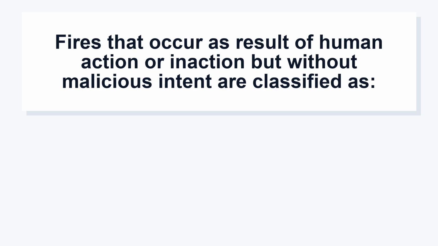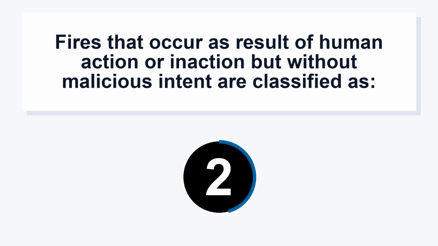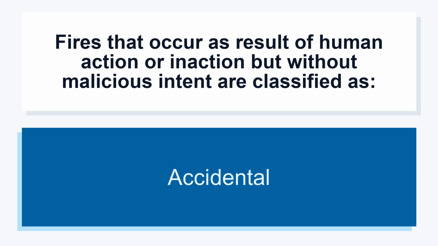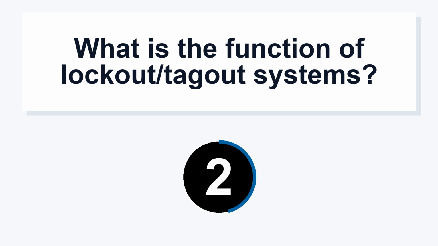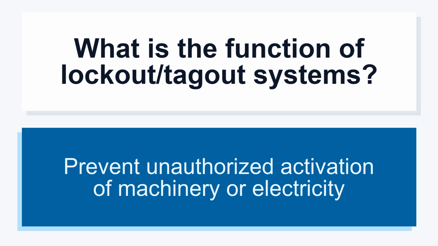Fires that occur as a result of human action or inaction but without malicious intent are classified as accidental. What is the function of lockout/tagout systems? Prevent unauthorized activation of machinery or electricity.